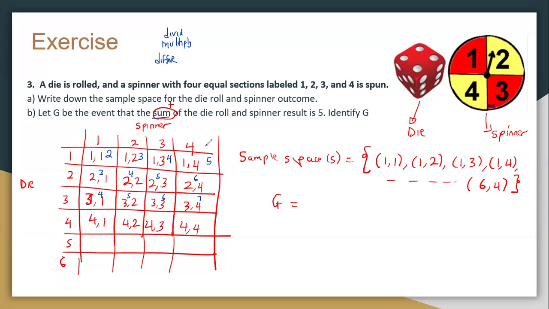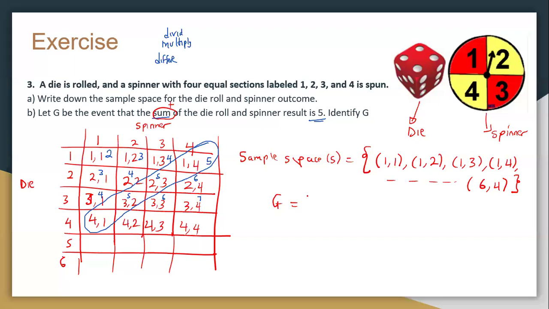But always you are going to be noticing some kind of pattern. Take an example for this one. You are going to notice that you have some kind of pattern like this. And surely when you look at that sample space, you can say that when you add them, the result will be equal to 5.